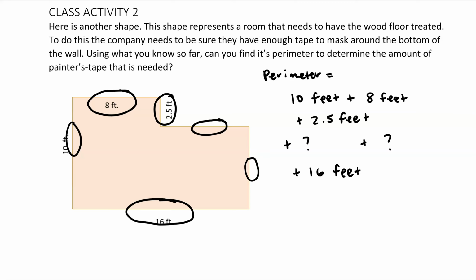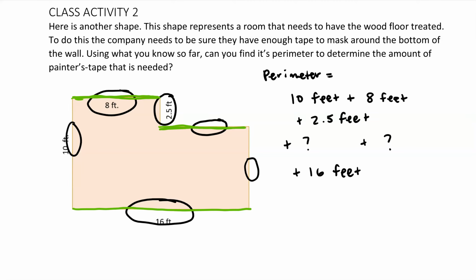So those two question marks, how are we going to find those? Well, we know that this length, the bottom length, is 16 feet. And we know that this length here is 8 feet. So that means that if I added up this top length here plus this length here, they should add up to 16 feet.